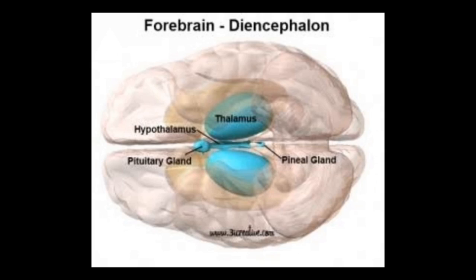The thalamus consists of two large ovoid masses. The hypothalamus is situated at the floor of the brain and helps in thermoregulation, heat regulation in your body. Thermo means heat, no? So regulation of heat and temperature is controlled by the hypothalamus.